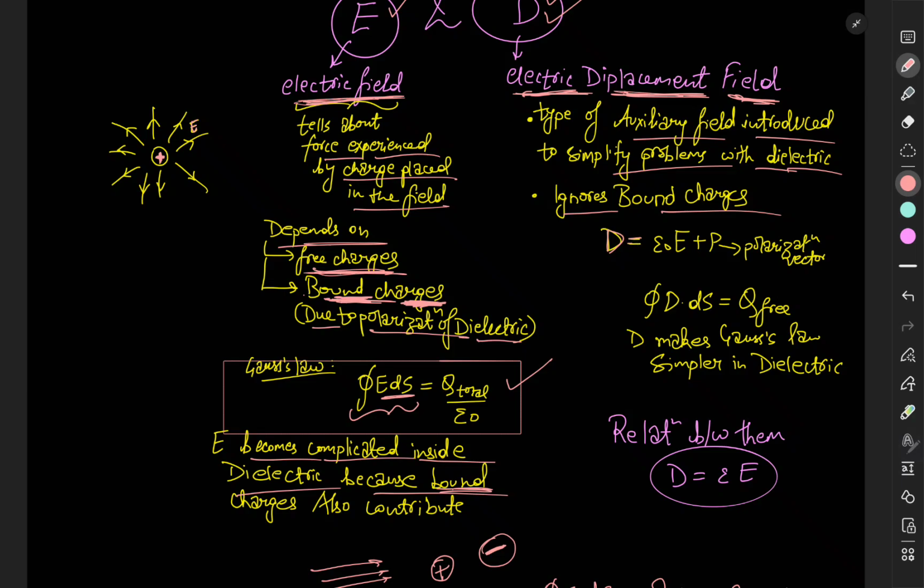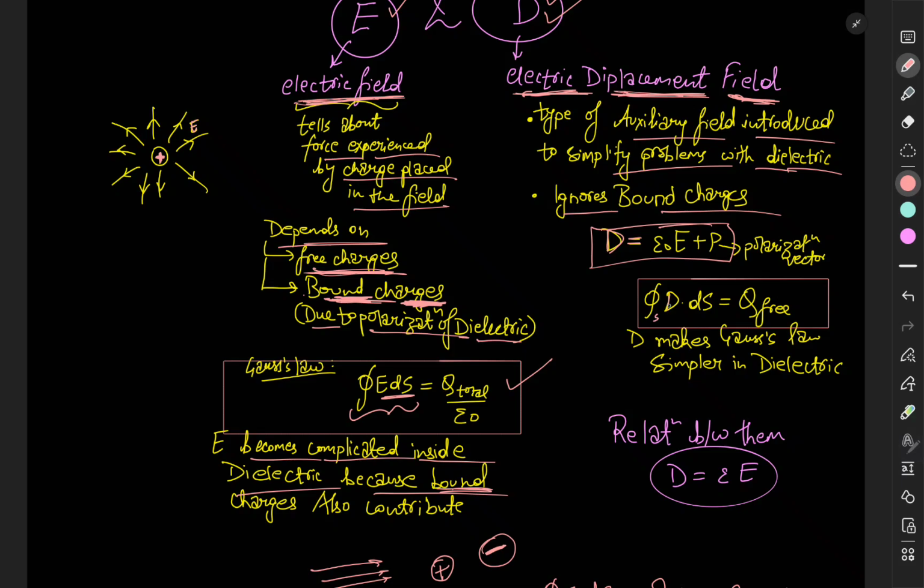D is actually equal to this expression where P is the polarization vector. We understood that polarization means one side becomes positive, another becomes negative. And since we only consider the free charges in case of the electric displacement field, this expression is similar to this expression, but there is no constant.